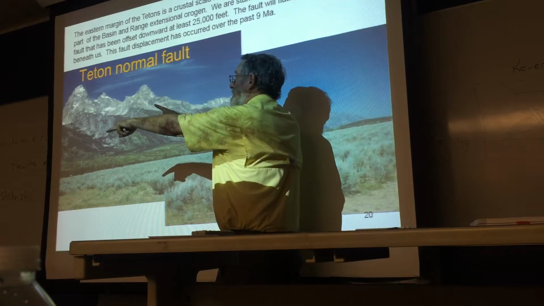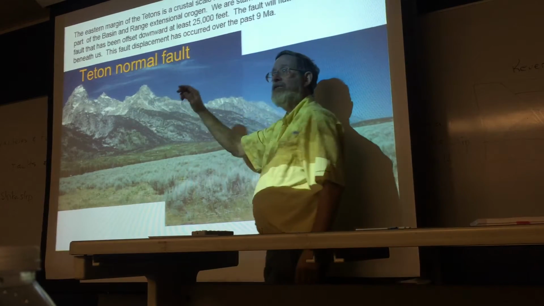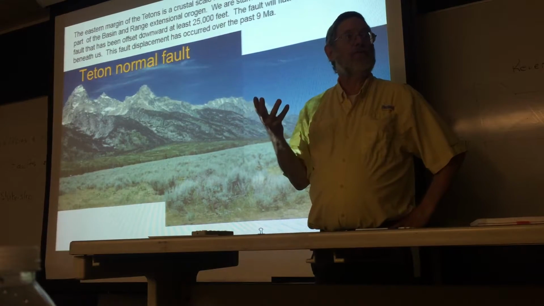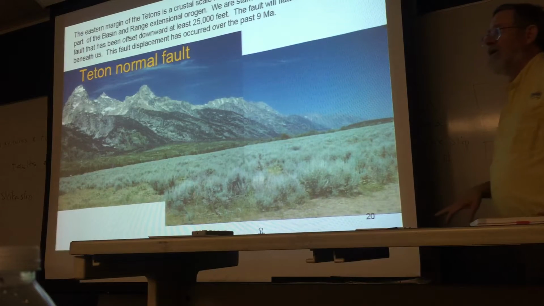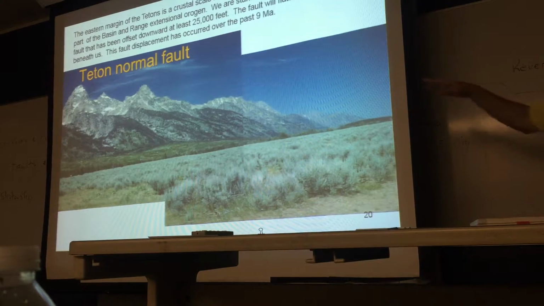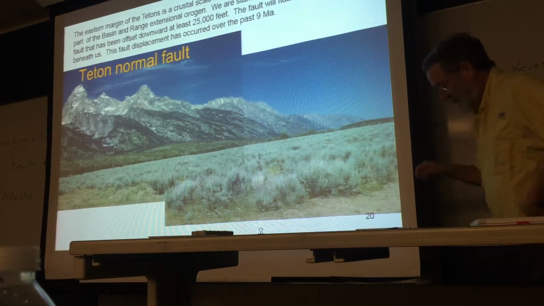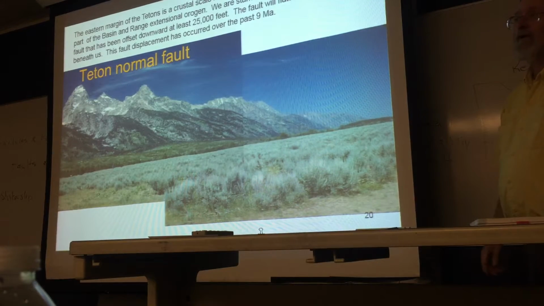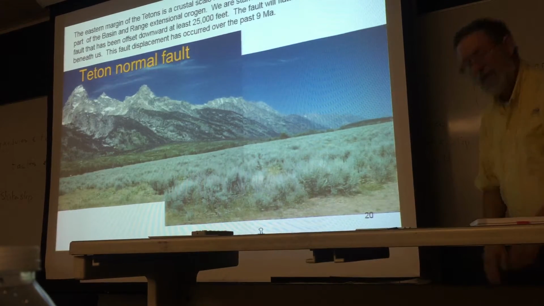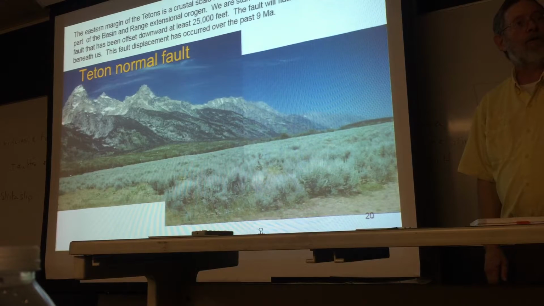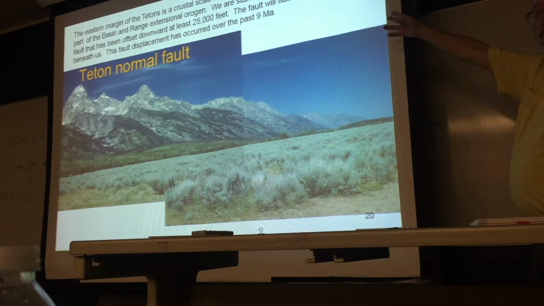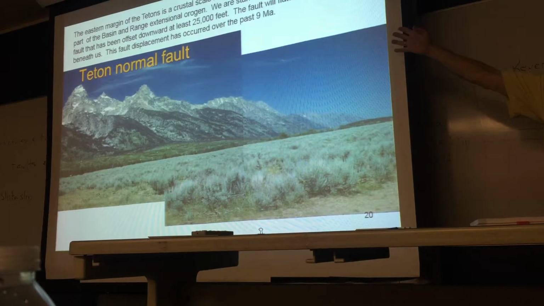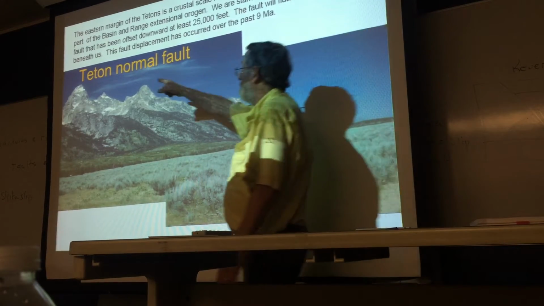Over on that side, we have basement. Over on this side, we have sediment. If you were to drill down where I'm standing taking these photos, you would have to go, in this particular case, 25,000 feet to find this material again.